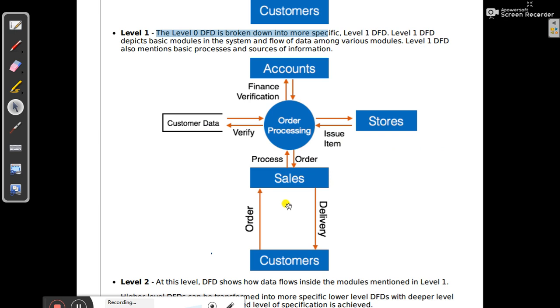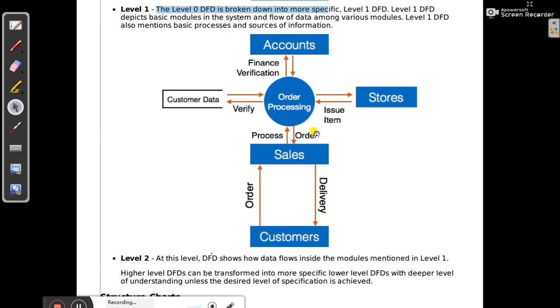The point is that if level 1 is not sufficient to analyze the whole system, then we can break it down further into more DFDs or more levels, if the desired level of understanding is not achieved.